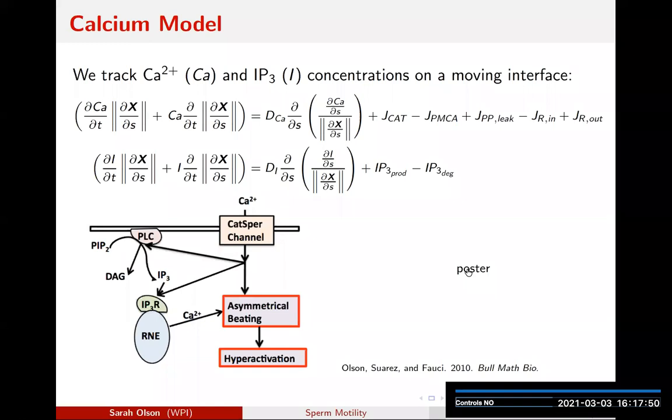But in terms of the calcium, it's based on a calcium signaling pathway. There's calcium entering through a channel on the sperm flagellum. Inside the flagellum, there's a few other reactions. There's calcium-induced calcium release from the redundant nuclear envelope. It's like an endoplasmic reticulum.